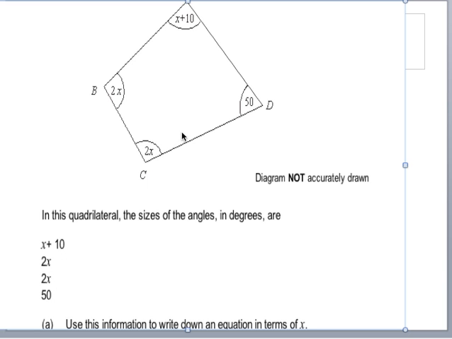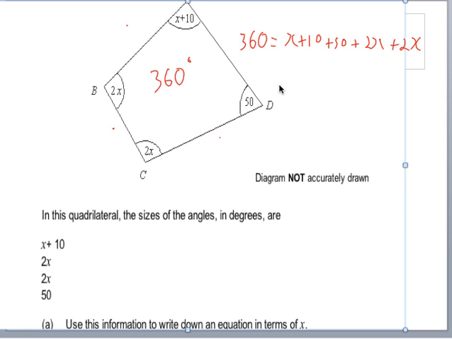Well, it's a four-sided shape, so I know that all of those angles are going to add up to 360 degrees. So I can write out my equation. I can say 360 equals this angle, so x plus 10, plus this angle, so plus 50, plus this angle, plus 2x, plus this angle, which is another 2x.